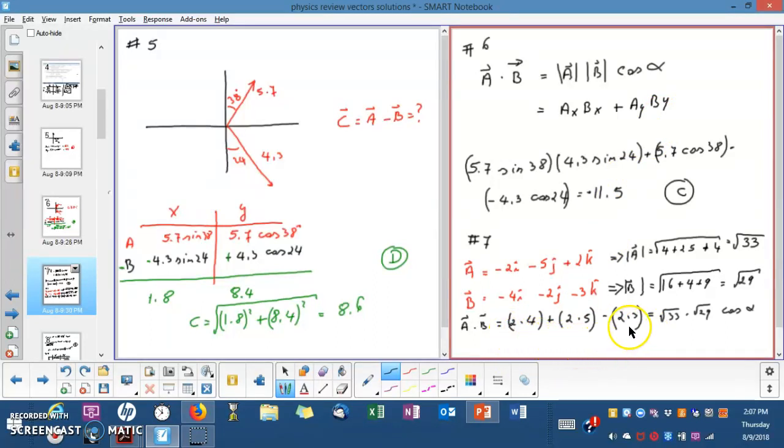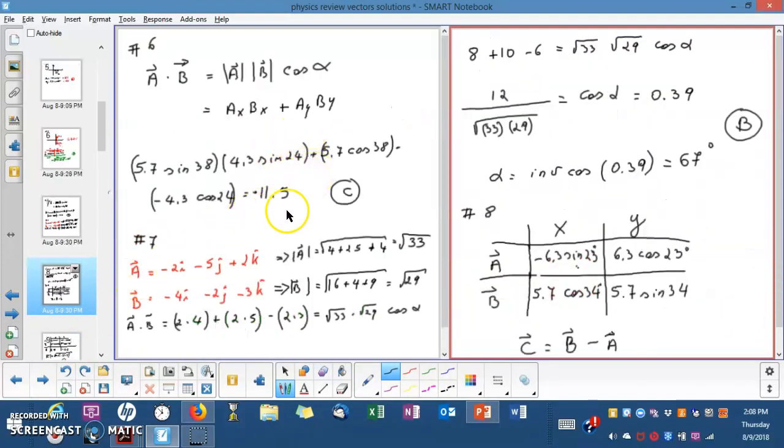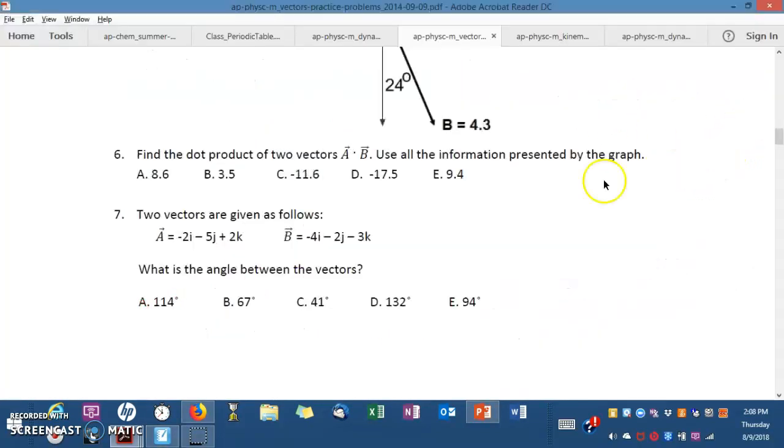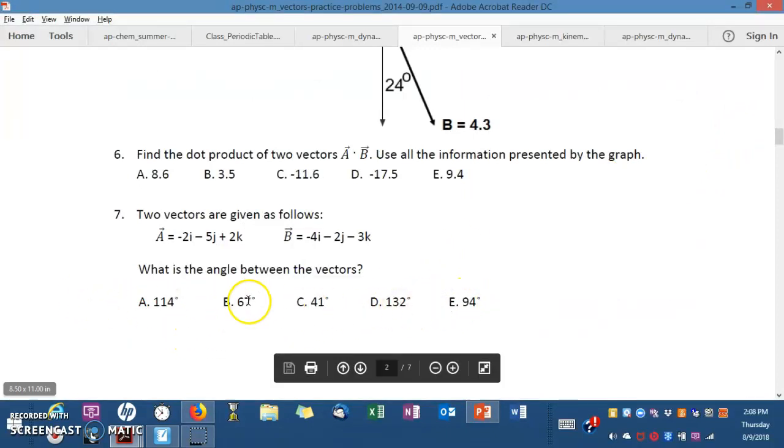So now this side here will give you a dot b using this formula. This side instead is still a dot b using this formula, right? So you put one equal to the other, and you solve for cosine of alpha. And this is your answer, okay? So 67 degrees. So B.